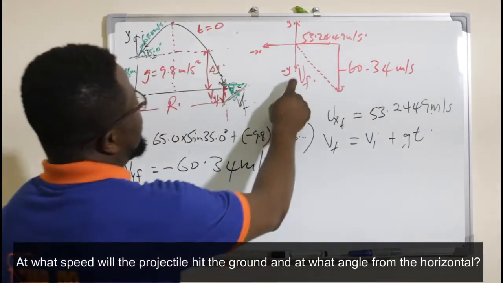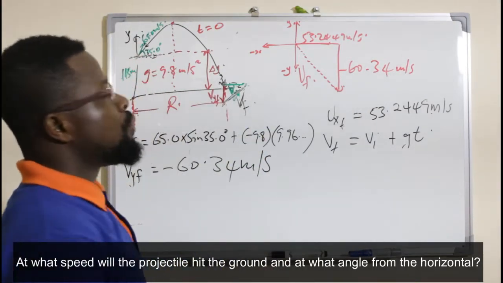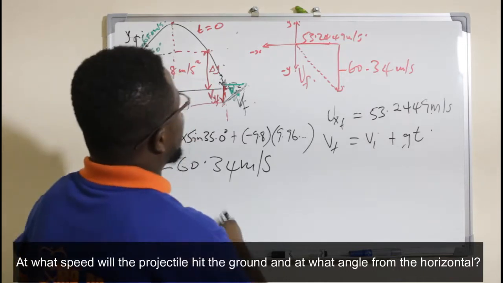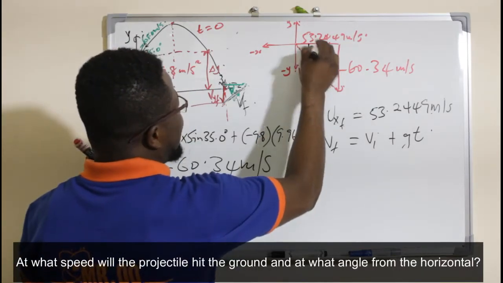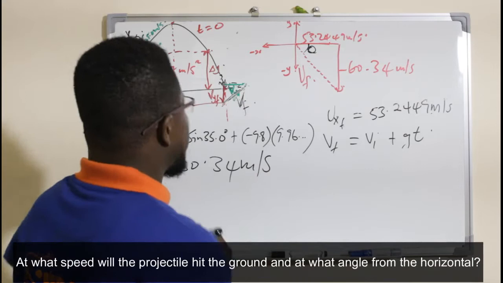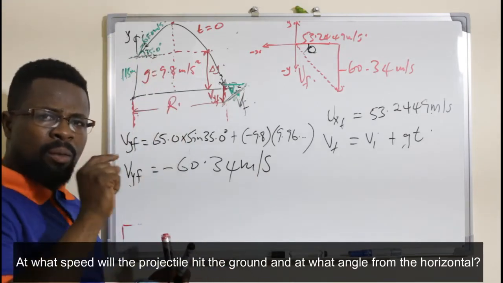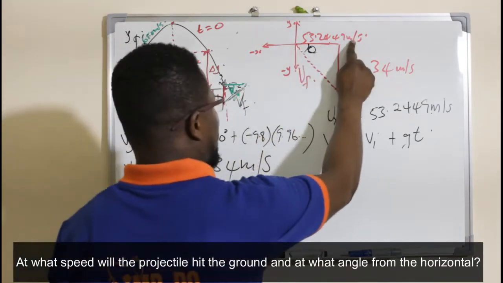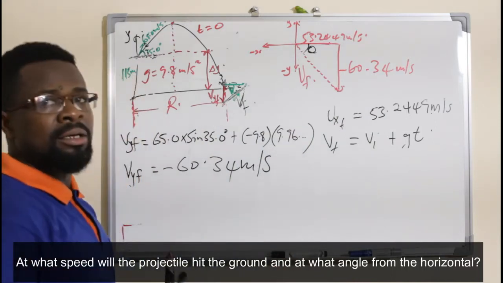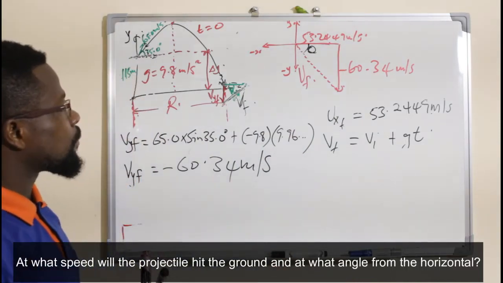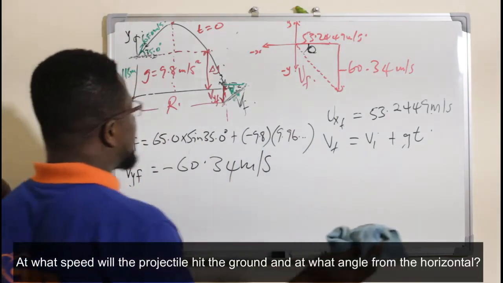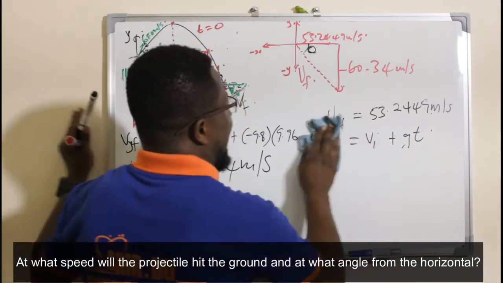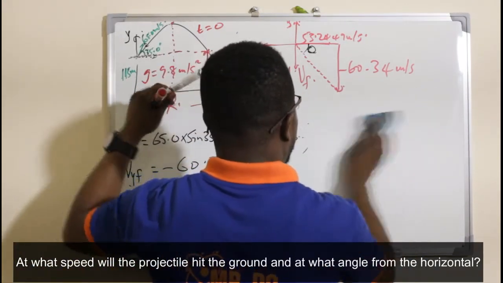I need to find this, so straight away we know we can make use of our Pythagoras theorem, and then we're told to find theta. So theta will lie here, because we should find theta with the horizontal, and there's the horizontal. So this is the angle that we are interested in looking for. Let's go ahead and find our VF.